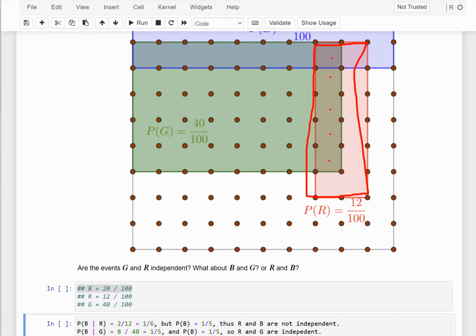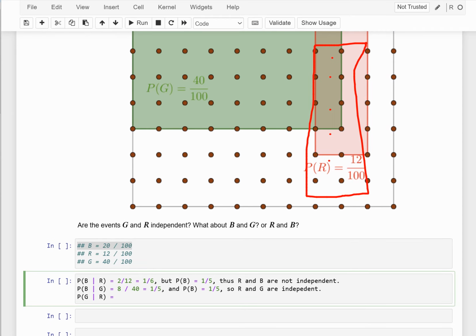So the probability of green given red is 5/12. But the probability of green is 2/5, since 40 over 100 reduces, as both numbers are divisible by 20. 40 divided by 20 is 2, and 100 divided by 20 is 5.